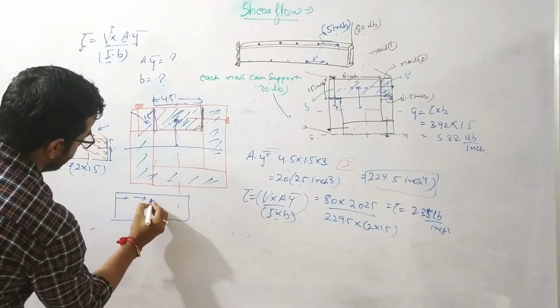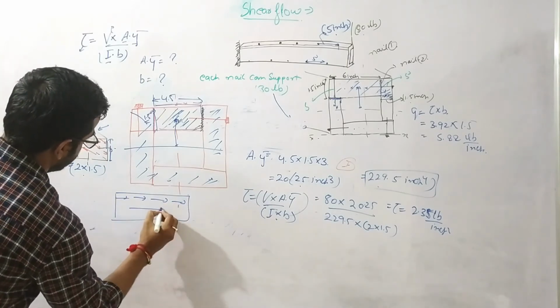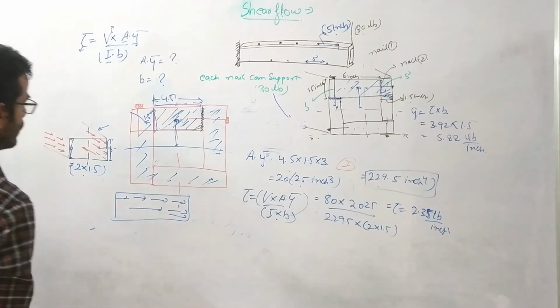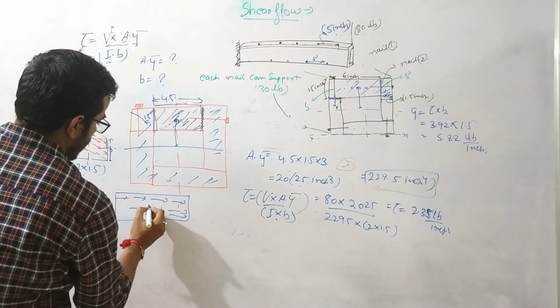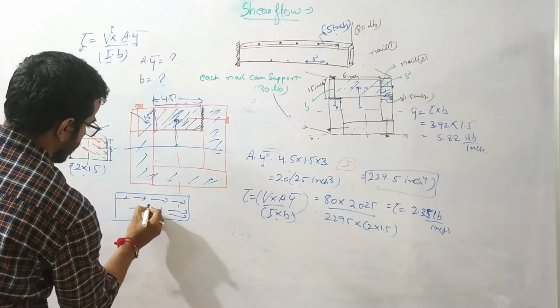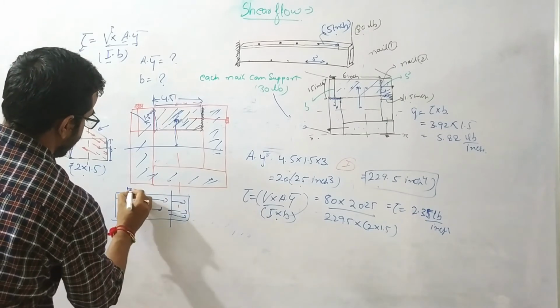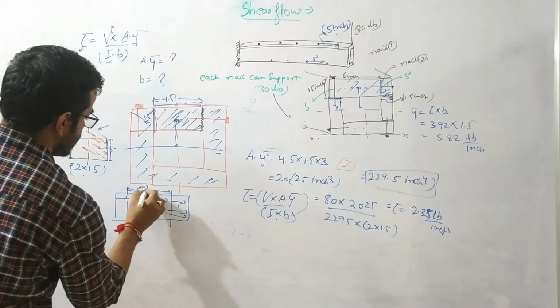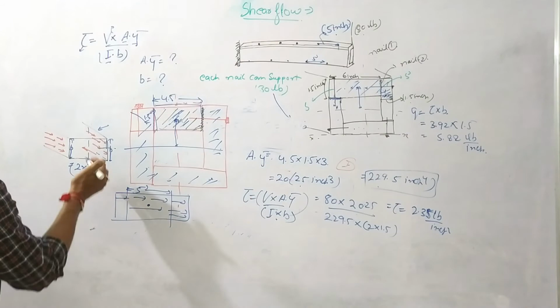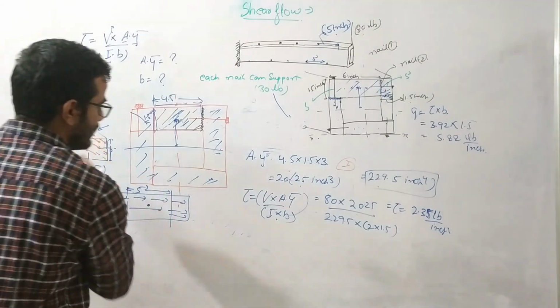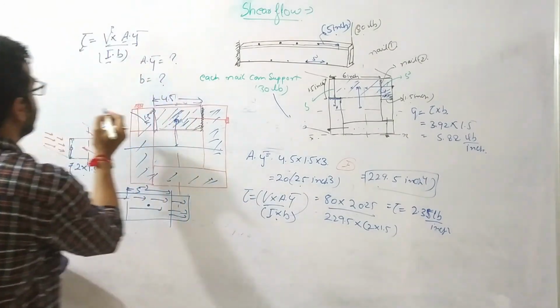The shear flow will be this, and one nail will be there. Let us suppose the spacing of the nails is s dash.